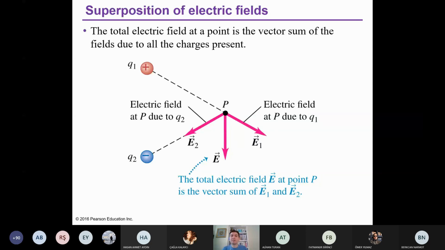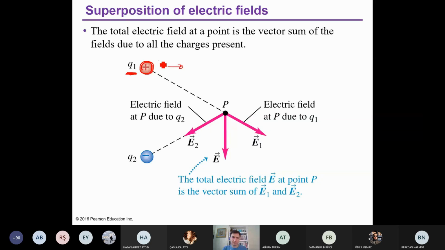For example, here we have a positively charged Q1. It produces electric field around itself, okay, from source to the space. And here I have another charge, Q2. It is negatively charged.